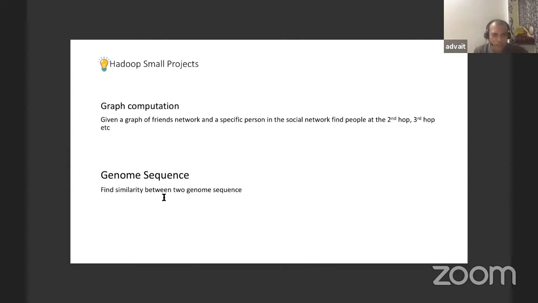Since this graph size can be very enormous, for example, if say Facebook has 10 crore people registered, this graph will be 10 crore by 10 crore in size.